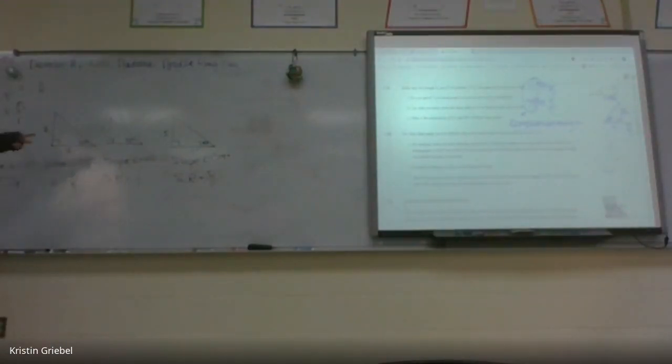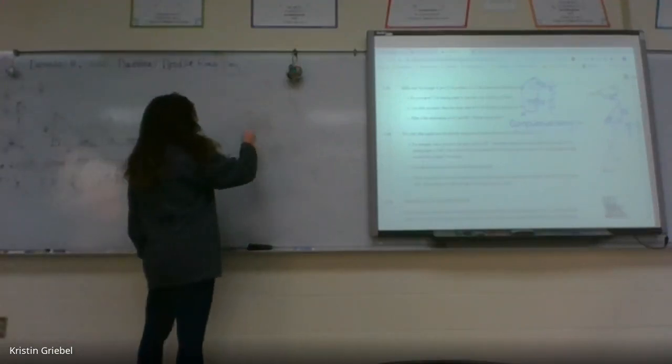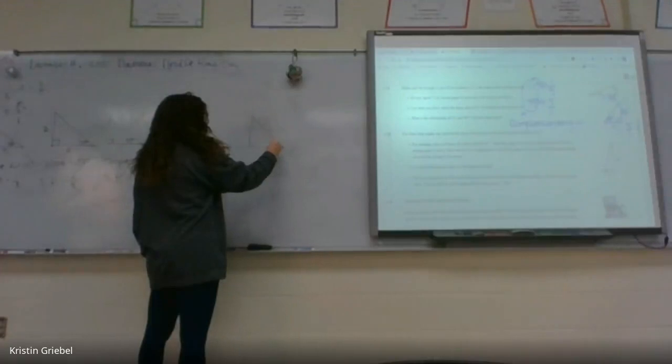All right, so 79 and 11 go together. Do we have any other ones that are going to have a complement? Right, we have a 22. So that means we must be able to figure out a 68-degree one.